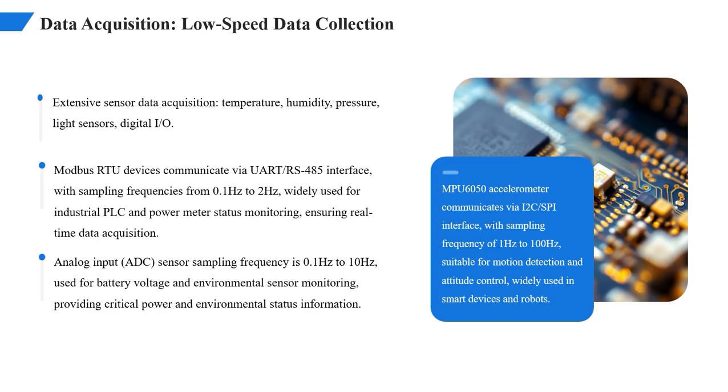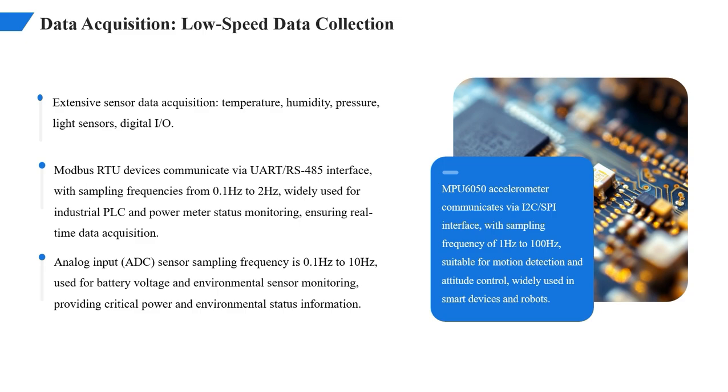And about low-speed data acquisition, we support extensive sensor data acquisition about temperature, humidity, pressure, light sensors, and data I/O, and also multi-bus RTU device communication via UART RS485 interface with sampling frequency from 0.1 Hz to 100 Hz, widely used for industrial PLC and power monitoring, ensuring real-time data acquisition. The analog input sensor sampling frequency is about 0.1 Hz to 10 Hz, used for battery voltage and environmental sensor monitoring.